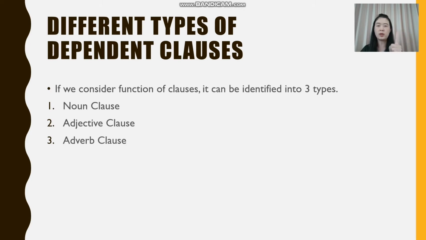The first one is the noun clause. The second one is the adjective clause. And the last one is the adverb clause. We don't have anything else. So don't try to make up something like a verb clause. What about a preposition clause or an interjection clause? We don't have that. Only three of them.